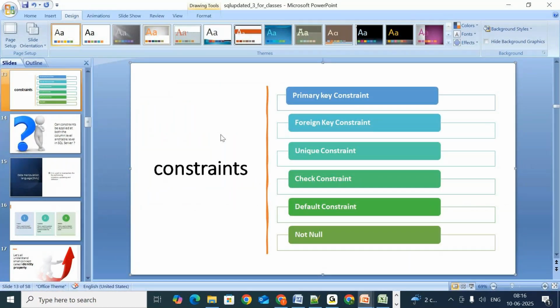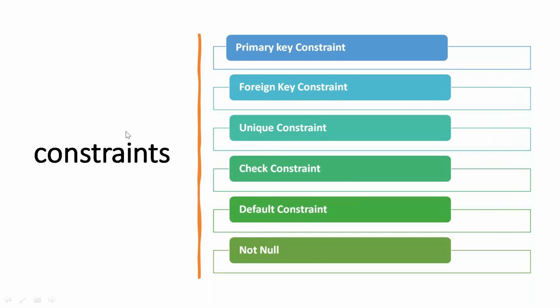Firstly, what is meant by constraint in general English? Condition. Correct. Constraints are nothing but conditions. So what kind of conditions? These are all the conditions that you can apply on top of the table.